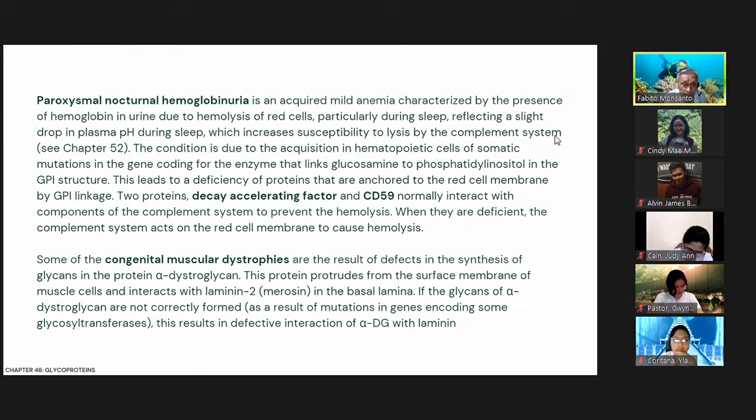Another one is paroxysmal nocturnal hemoglobinuria, where there is hemoglobin in the urine, and it says nocturnal.